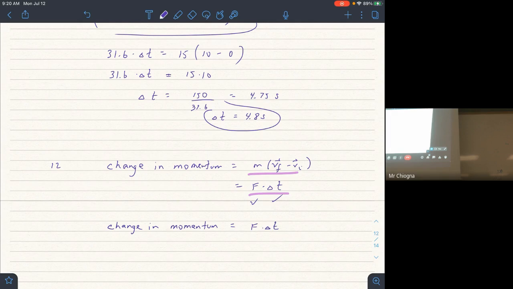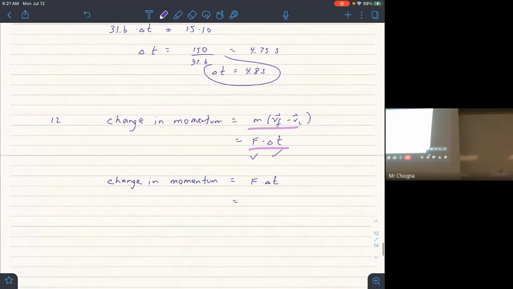I'm moving fast here. Okay, so force is 25 and the time is 7.2.